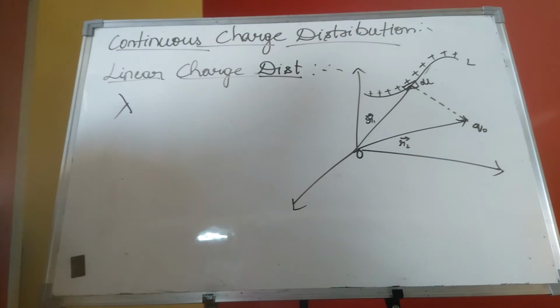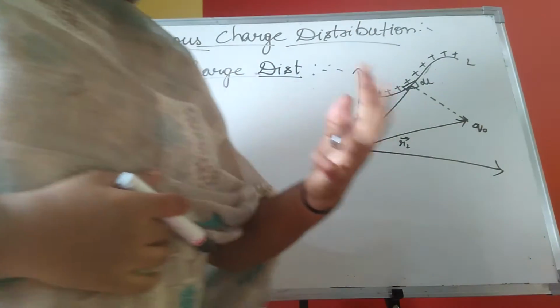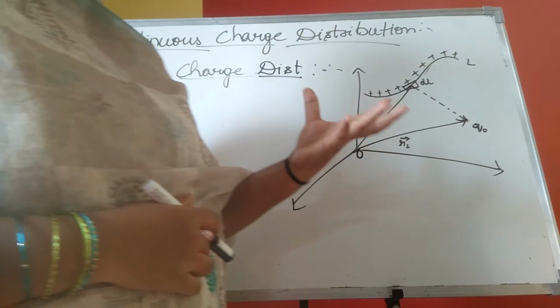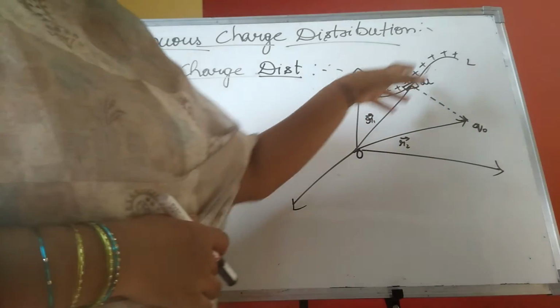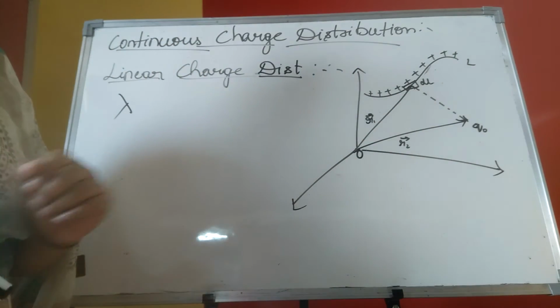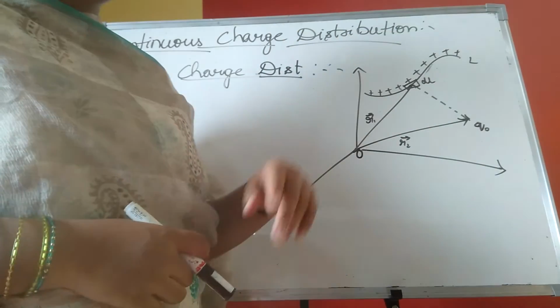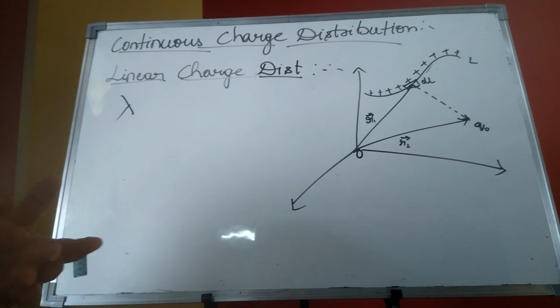Here I have considered a positive charge distributed continuously over a length L. First we shall consider a small length dl, then we shall integrate over the entire line charge.